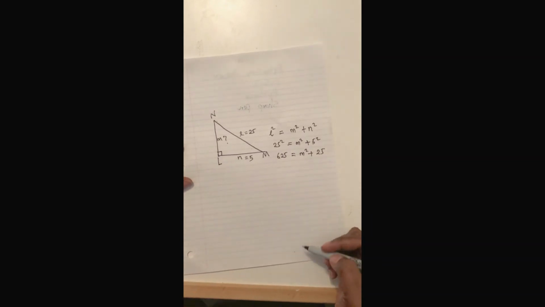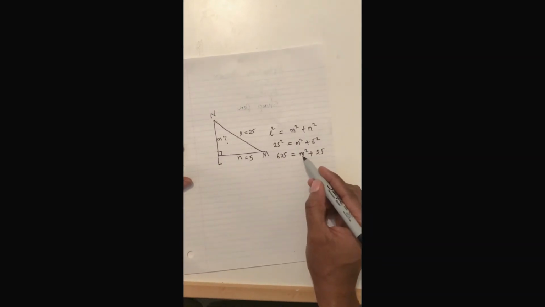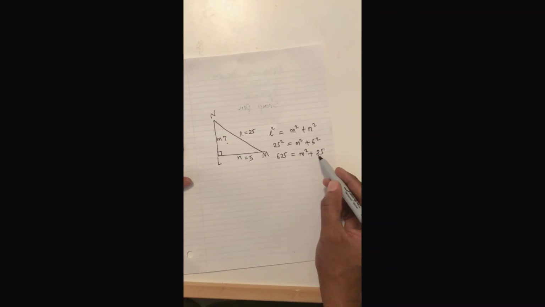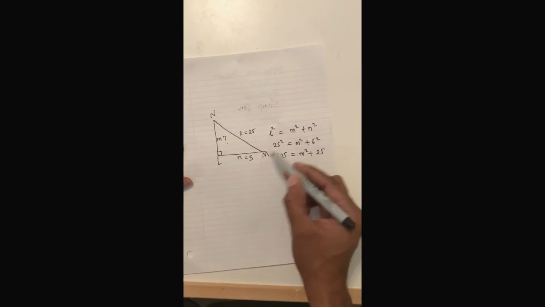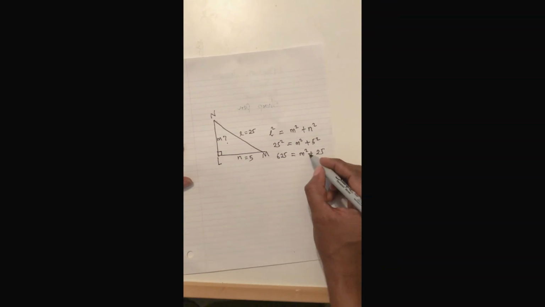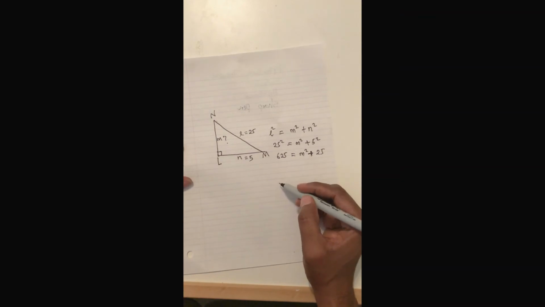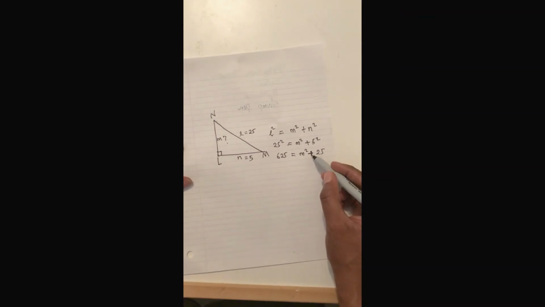5 squared is 25. In order to find m squared, we isolate m and take this 25 to the other side of the equation. So the sign, when it is positive, it changes into a negative, but if it is negative, it becomes a positive.